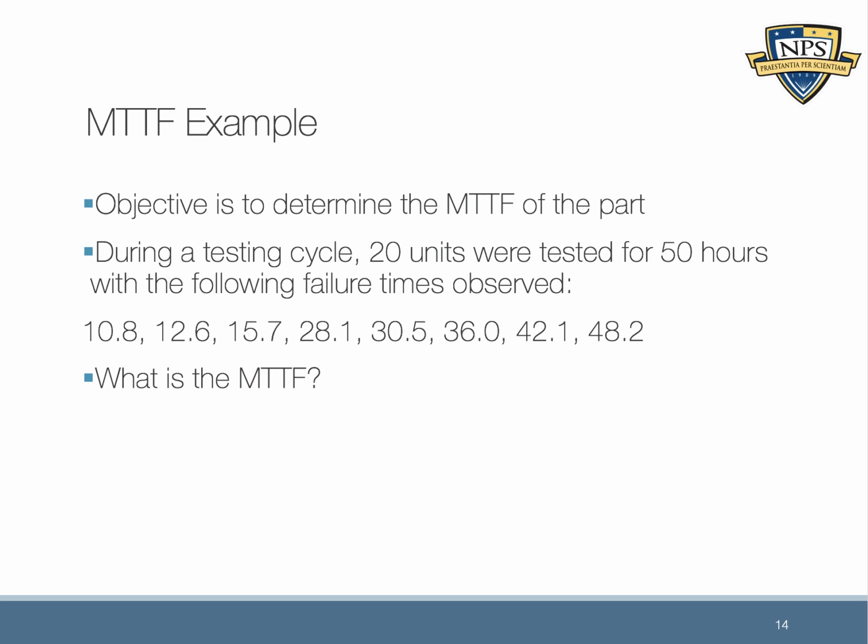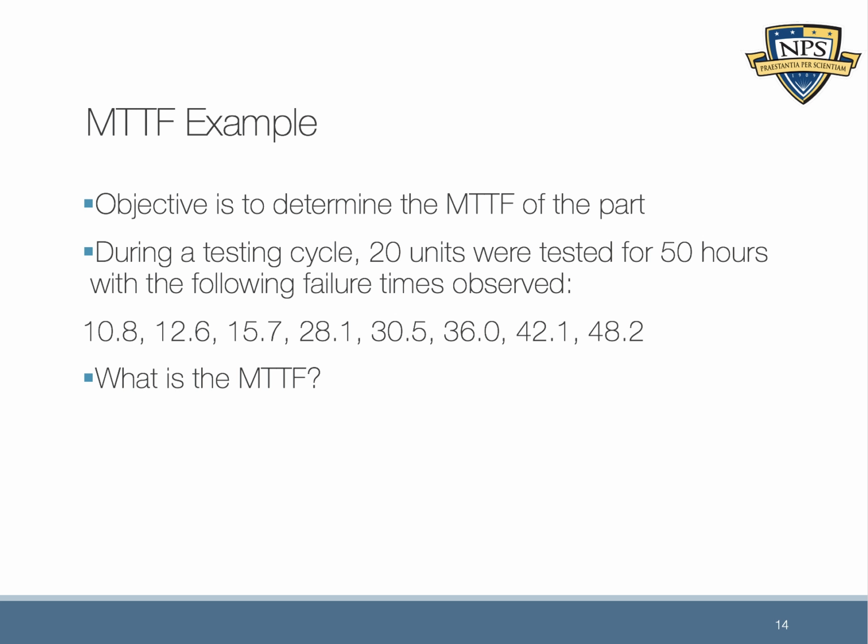So the objective of this example is to determine the mean time to failure of a part. We're going to test 20 units for 50 hours, so it's a fixed time test. The values noted here, which are in hours, are the times at which units failed.